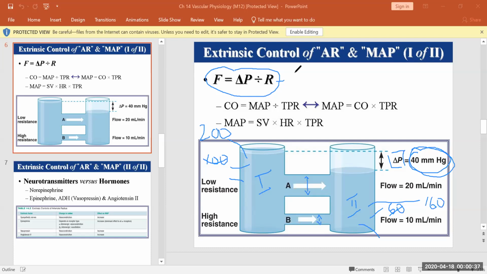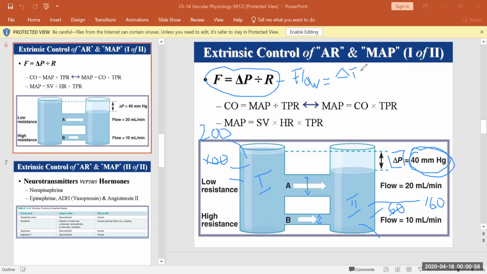F stands for flow. So you have the flow of a liquid, and that flow depends on two factors, okay? The first factor is the driving force.